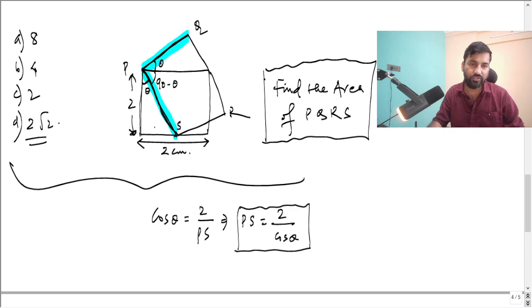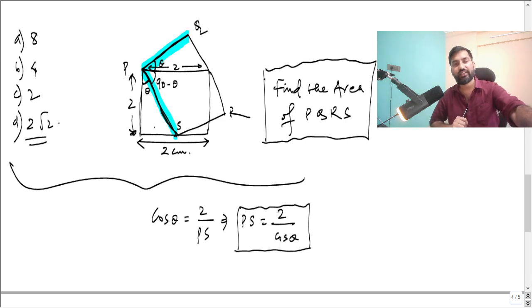So this becomes theta only, because 90 minus theta minus 90, that is theta. Now this is theta, and you know this side is 2 centimeters, so it is also 2 centimeters from here to here.